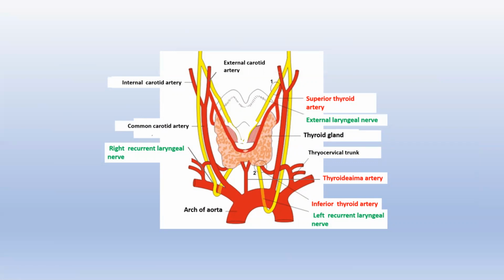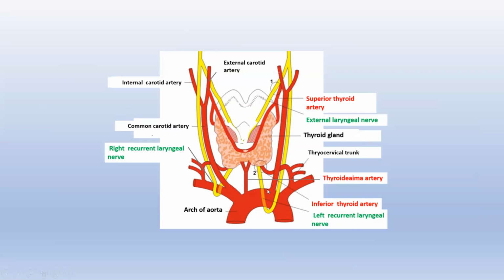Coming to the inferior thyroid artery, that is a branch from the thyrocervical trunk. This thyrocervical trunk is a branch from the subclavian artery, which arises from the brachiocephalic artery, which arises from the arch of aorta. The inferior thyroid artery runs upwards, then medially, and then finally downwards, which means it moves along the posterior surface, and it is related to the recurrent laryngeal nerve.